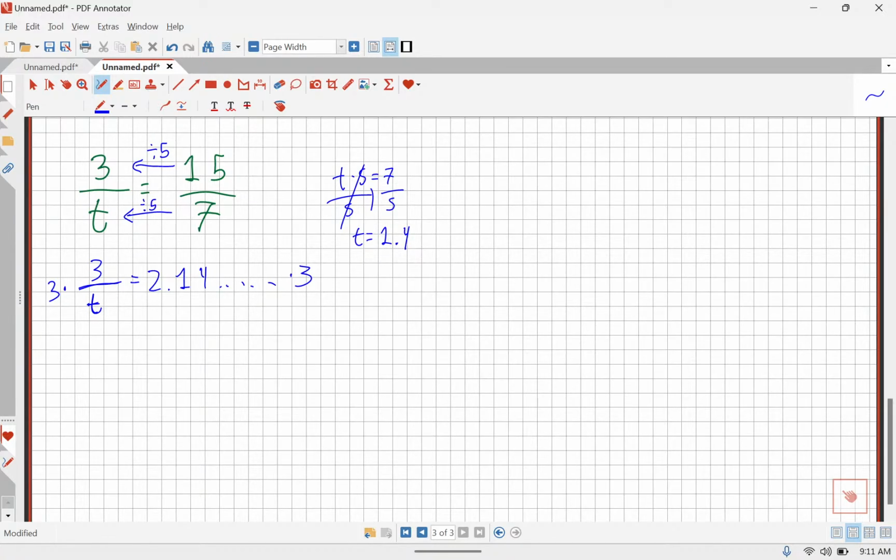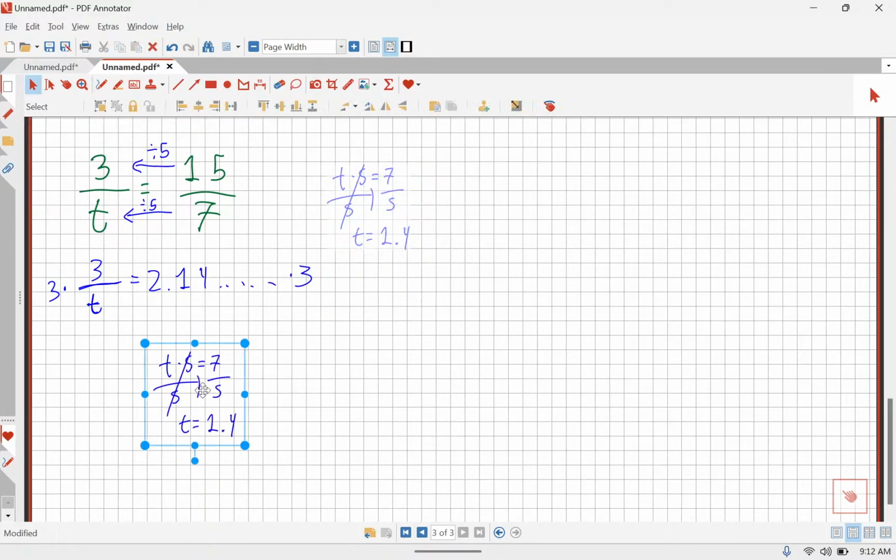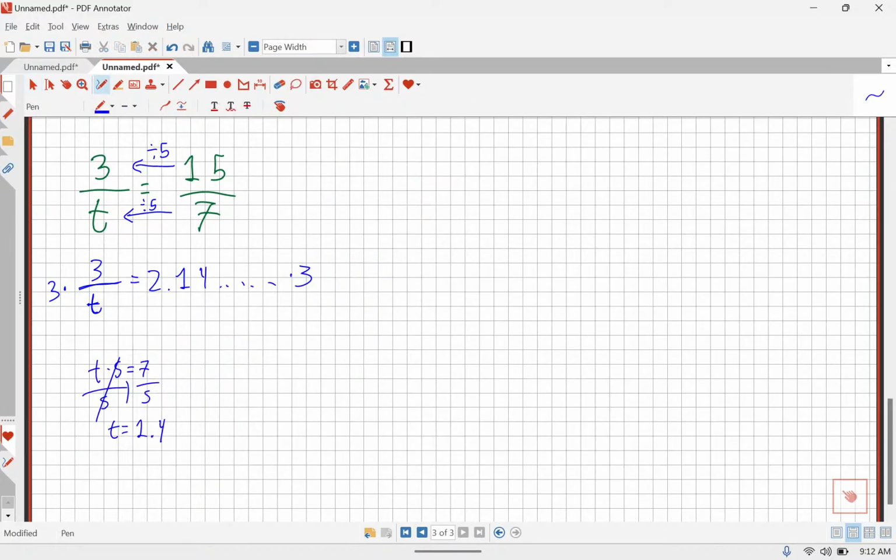That was nice because we could avoid really nasty numbers. There's one other thing you need to know, though, that sometimes the nasty numbers are just unavoidable, and I don't want to have to do them until the very end. So here's one last way you can do this. Got a pencil? 3 over t equals 15 over 7. Now, guys, when we have variables in the denominator, and let's face it, we'd really just dislike having to do this with these fractions at all.